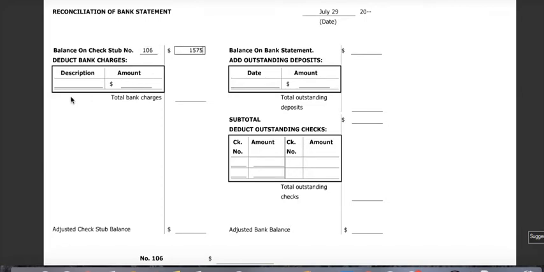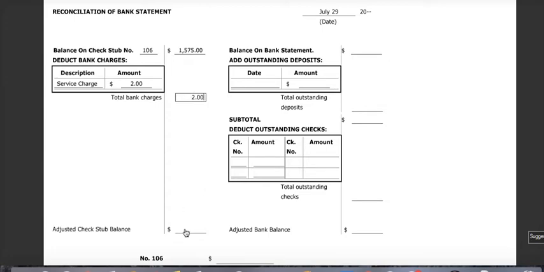All right. Our bank charges. We had a service charge listed in my information in the directions for $2. So you're going to call it a service charge, and you're going to put $2 in there. Gives me a total bank charge of $2.